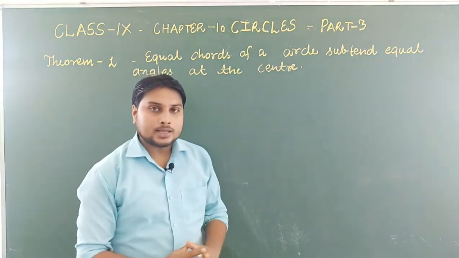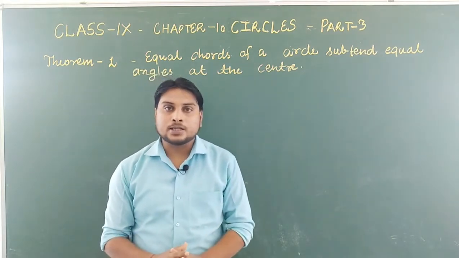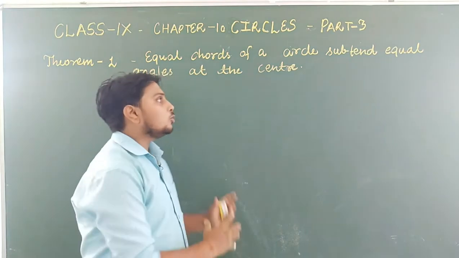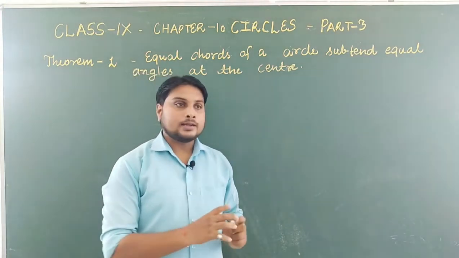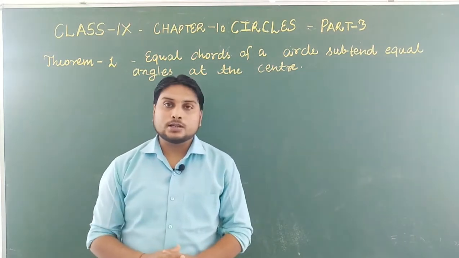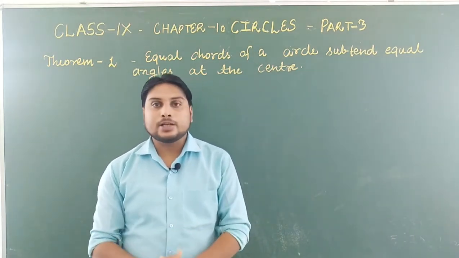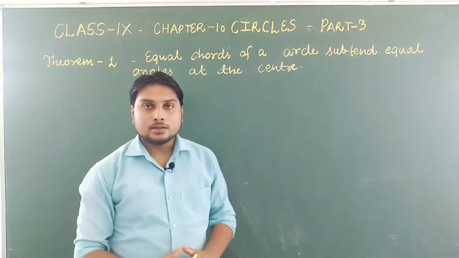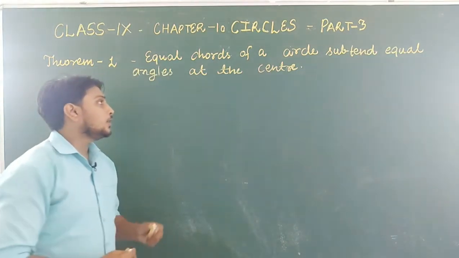So to understand the chapter and its questions easily, you have to remember all the results, and the proofs of the theorems are also very important. They are asked directly in the form of questions in the examination. So you have to understand the proofs of the theorems also. So let us see the theorem.